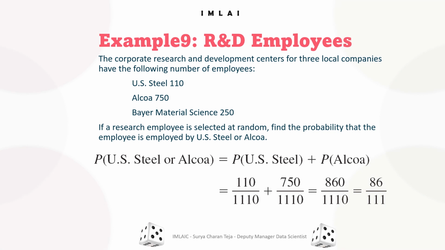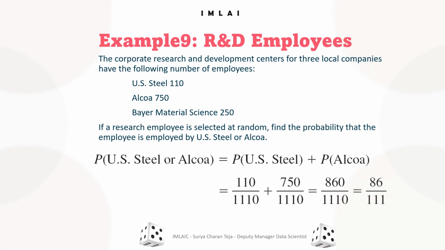Okay, so now the second question comes. Humans also think in such a way: what is the chance of this event and that event, or that event and this event?